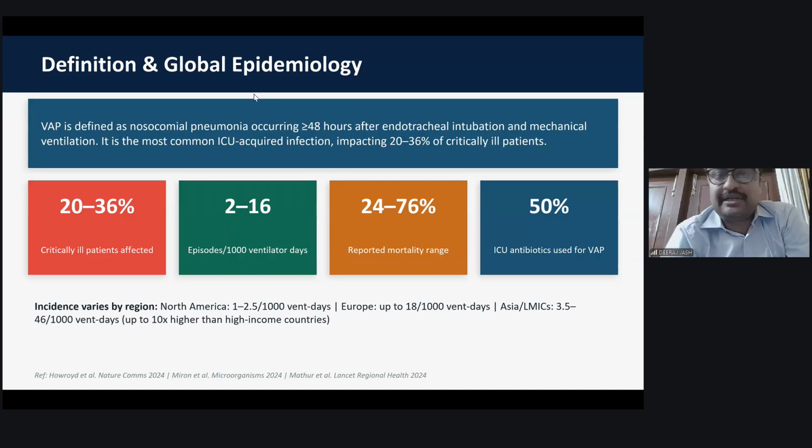So hypothetically, take a patient admitted with a COPD exacerbation. Now 48 hours later he started having some kind of symptoms such as increase in oxygenation requirement, fever, rise in CRP, all those kind of things. So we will call that patient having hospital-acquired pneumonia, not the ventilator-associated pneumonia.